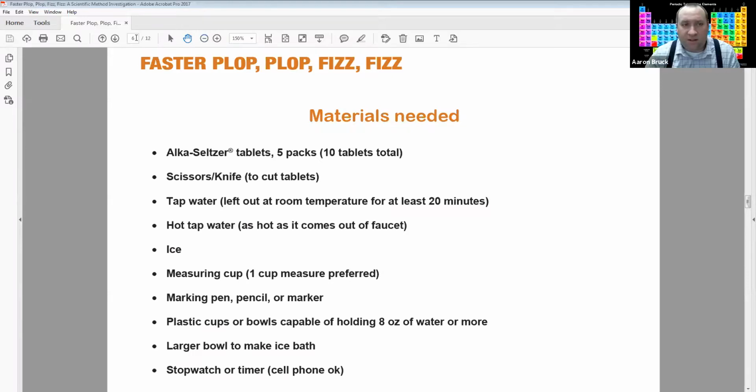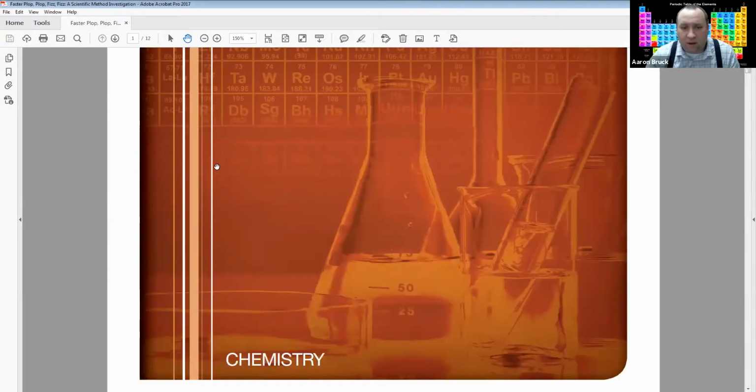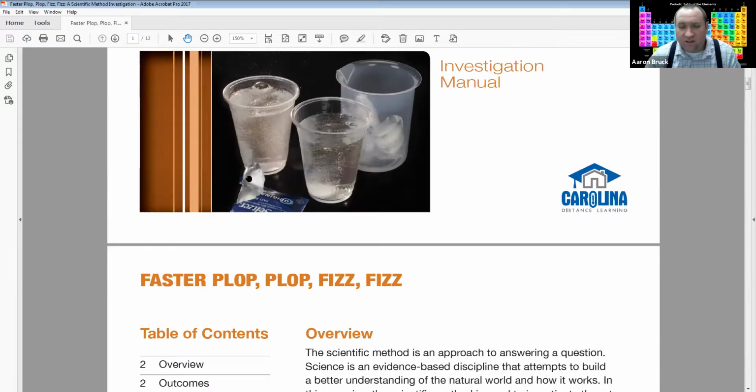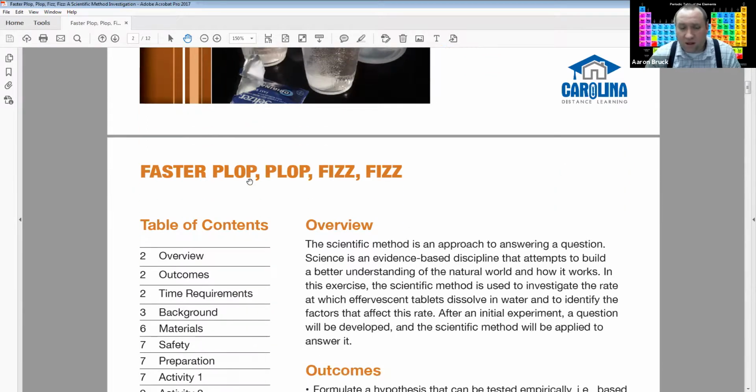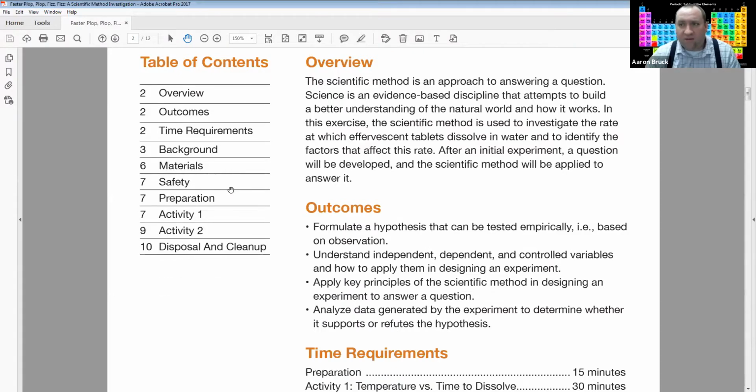Starting with the lab itself. Now, this lab is a lab that we have adapted from a Carolina distance learning lab. The original PDF for this is available on their website. But if you follow through, really what this lab is going after is the scientific method.